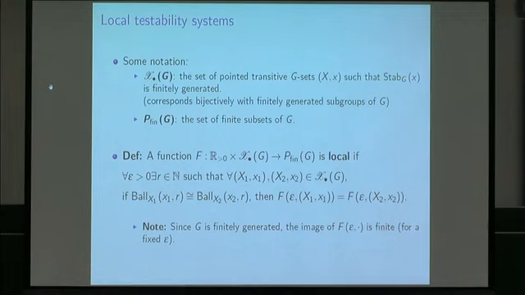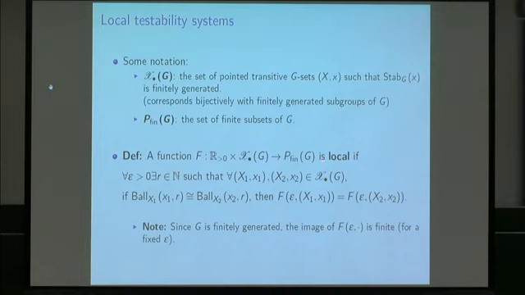Giving a pointed transitive G-set is just like giving a subgroup, the stabilizer of the distinguished point, but it is more comfortable to speak in the language of G-sets. Another notation is the finitary power set. If I have a group, then P fin of the group is the set not of all subsets, but only of finite subsets. These were two notations.